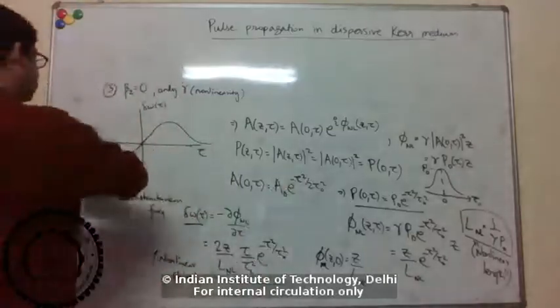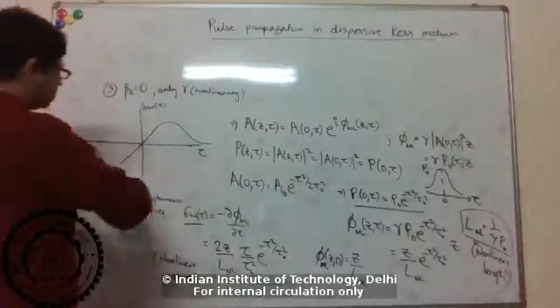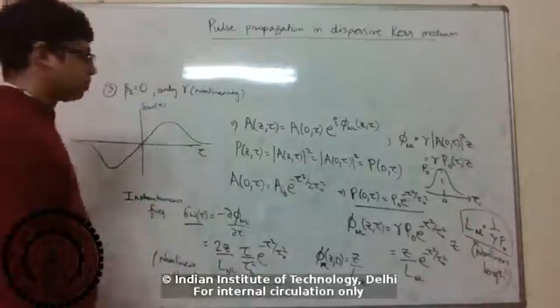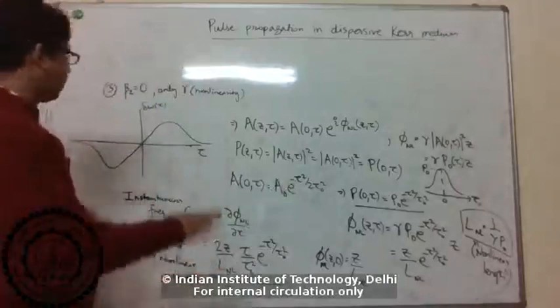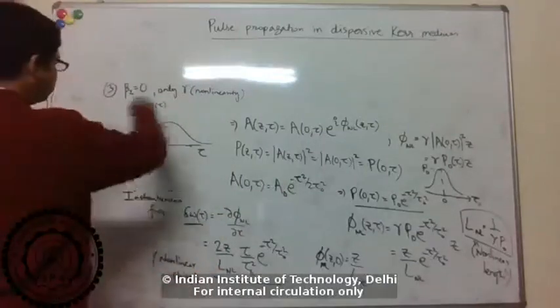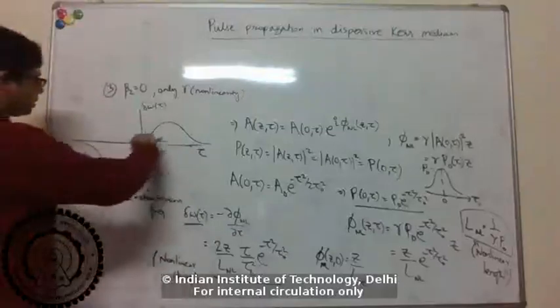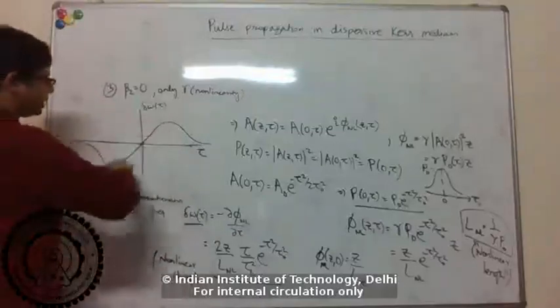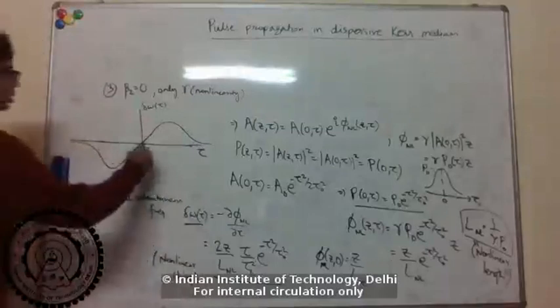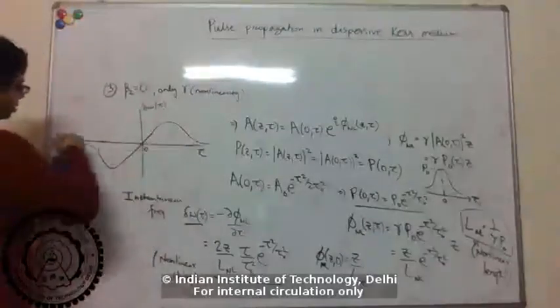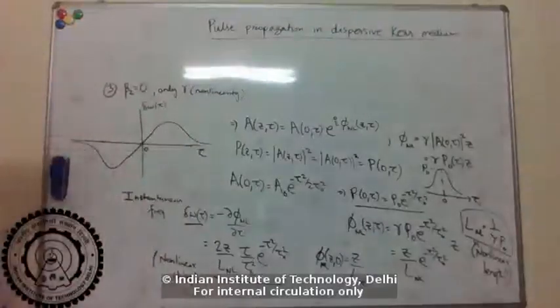Okay, so in the dispersive case, it was only linear. Right? So if you took a medium with GVD, it was only linear, either positive or negative depending on the sign. Here it looks like this, so it's roughly linear near the middle of the pulse. But then it goes to a nonlinear shape, right?